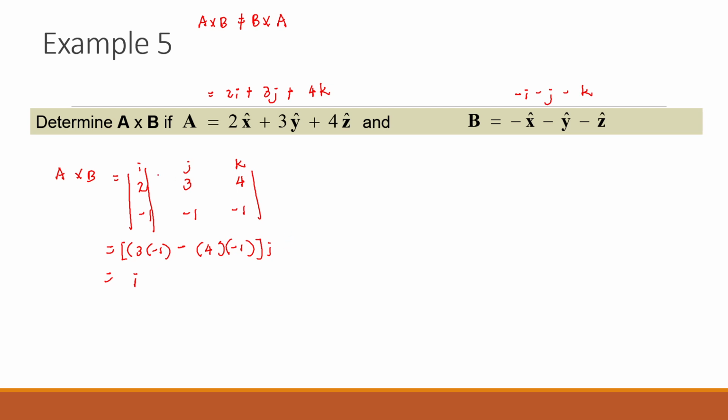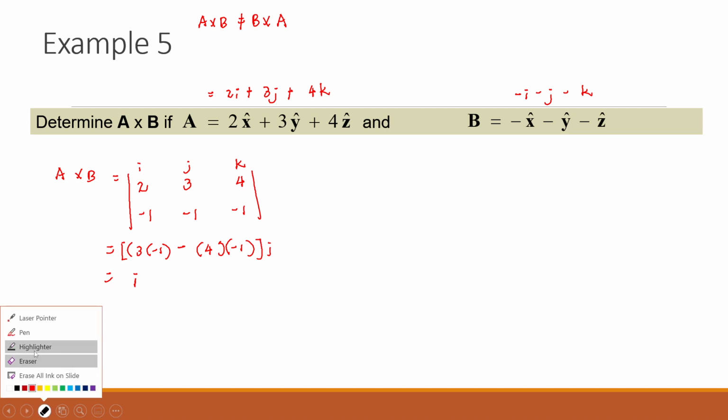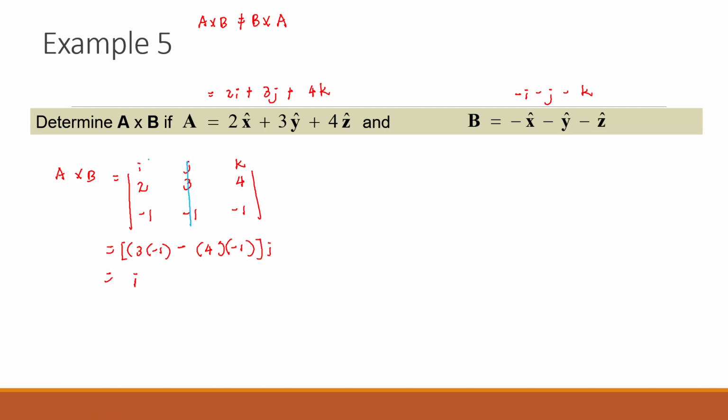Component J, if you use the same notation, you close it. If you use I cross K, the result is negative.